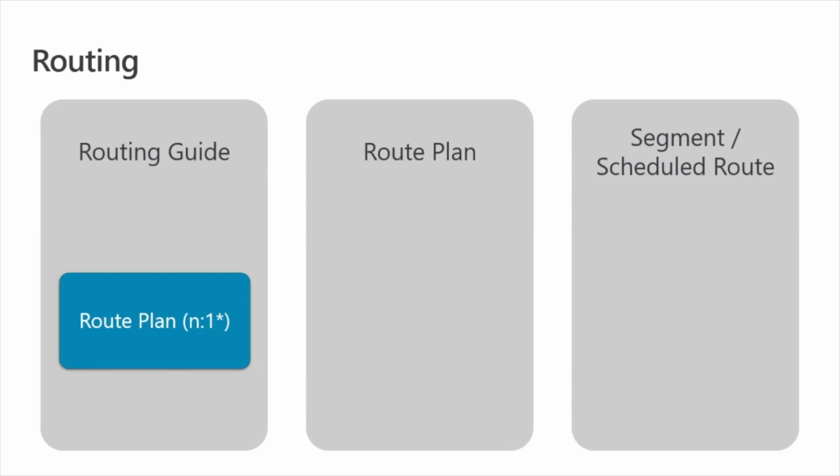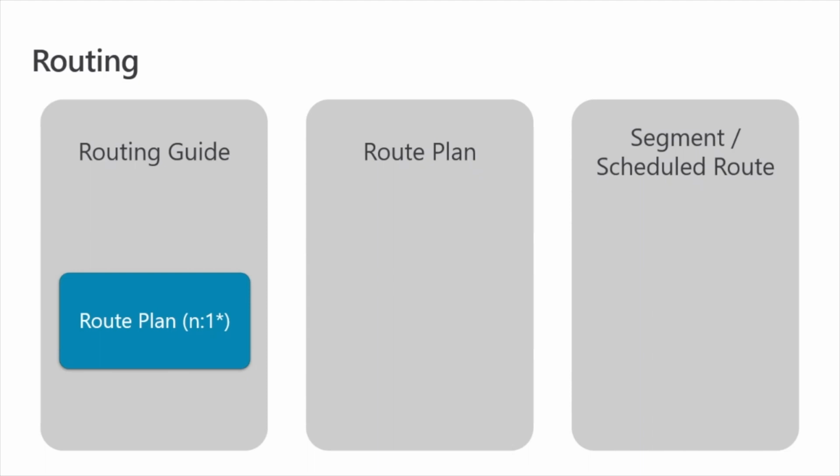And I say potentially, and you see my asterisk there. And the asterisk is for if our routing plan is tied to a route schedule. So if I have a defined schedule that I've generated for my route, then I can only tie that plan to one routing guide. In all other instances, if I'm not using scheduled routes, I can assign the same route plan to multiple guides.